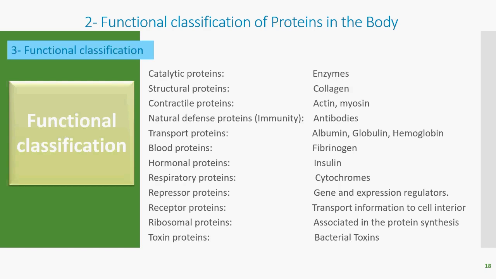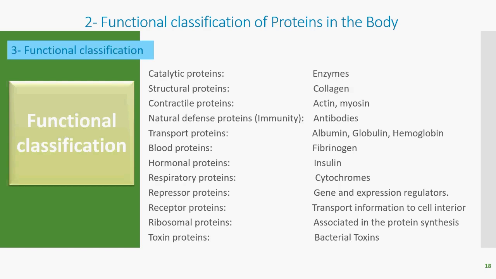And you know almost all enzymes are proteins. You can find a few enzymes that are not protein, but almost all the enzymes are of proteinous origin. So their function is catalyzing, or reducing the activation energy, or accelerating the action. So, catalytic process or function.